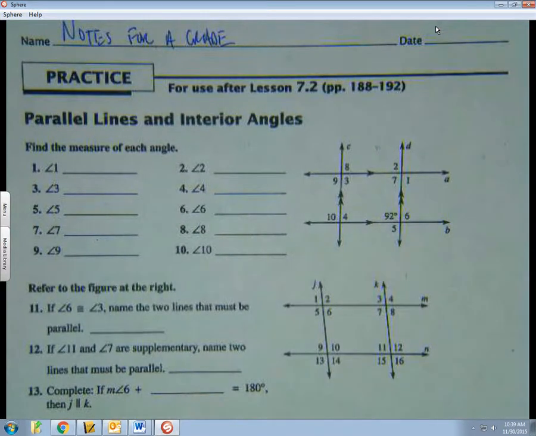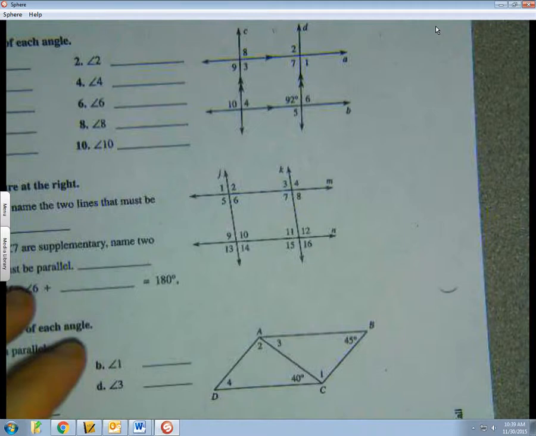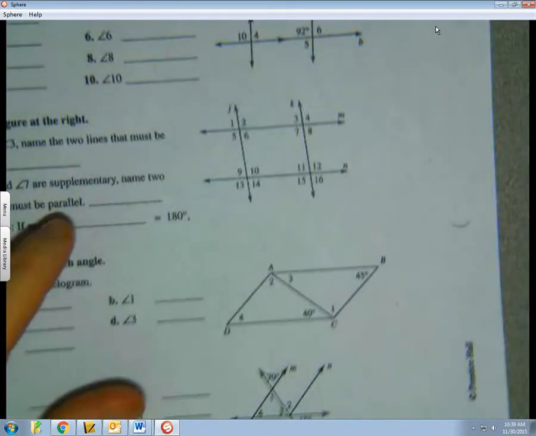So let's start down here. I want to draw a picture and just talk in general terms.